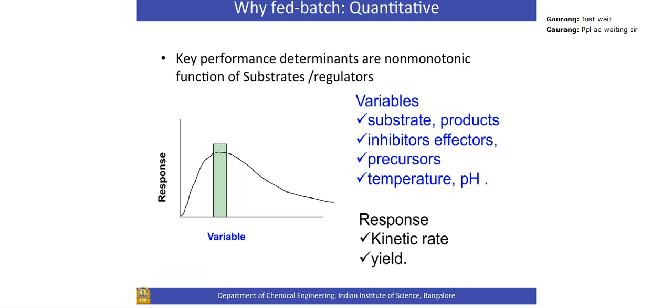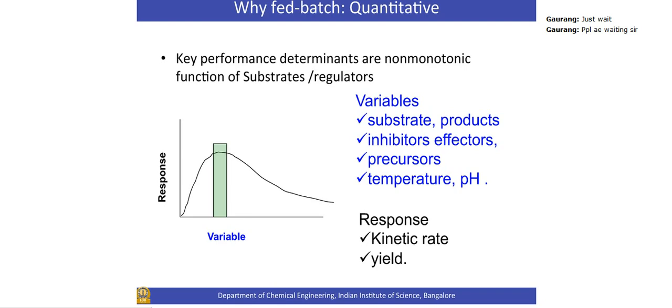For a monotonic function, the response would have kept on increasing as my variables increase. So this now leads to a situation where I have to control my variable in this narrow range of operating conditions. And for a fed-batch reactor, the variable of interest is the substrate concentration or the nutrient concentration. And this is what I am going to therefore control.